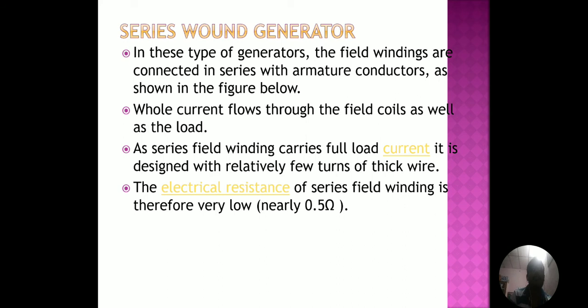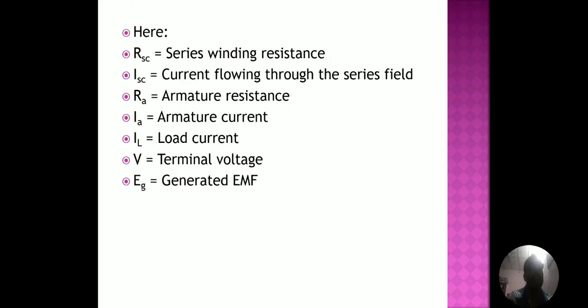Hence, the whole current flows through the field coil as well as the load. As the series field winding carries full load current, it is designed with relatively few turns of thick wire. The electrical resistance of this series field winding is very low, say 0.5 ohms.